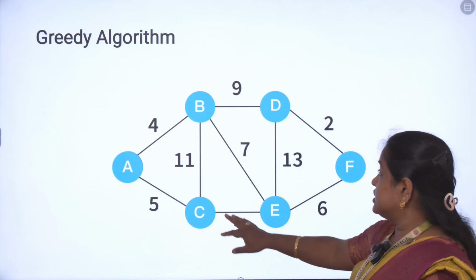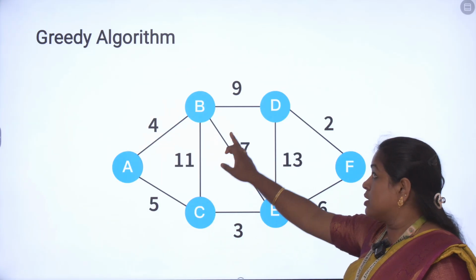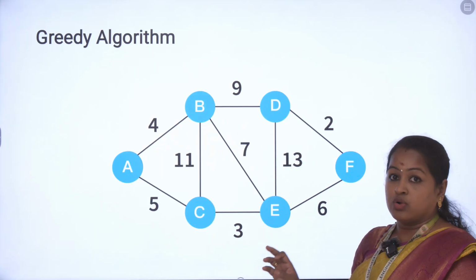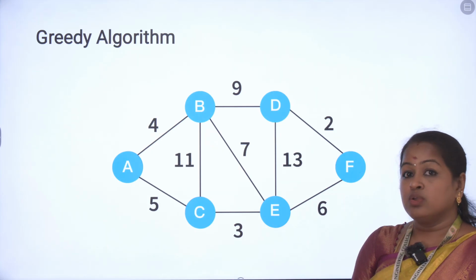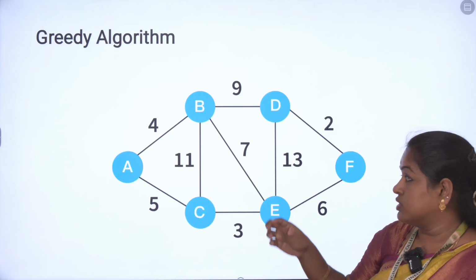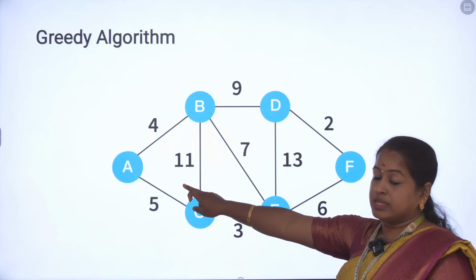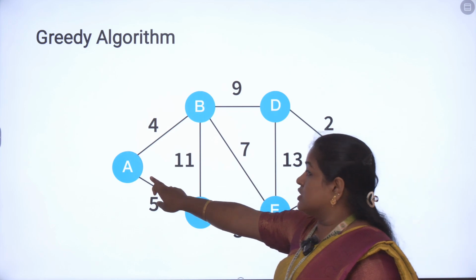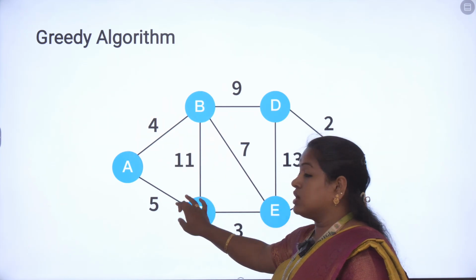Now you are going to traverse through this graph. Here there are nodes. You have to visit all the nodes, and it should be done using the minimum cost for traversing the nodes. If I am starting with point A, I should see which route is the easiest and which is the smallest path.